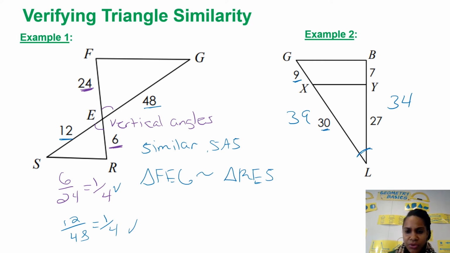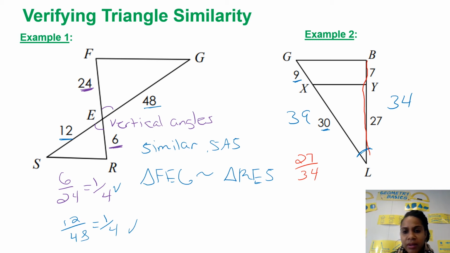So those two angles are congruent because these two triangles share an angle, but let's see if the sides are proportional. So if we're looking at this side here, our shorter triangle has a side length of 27, and that larger triangle has a side length of 34.